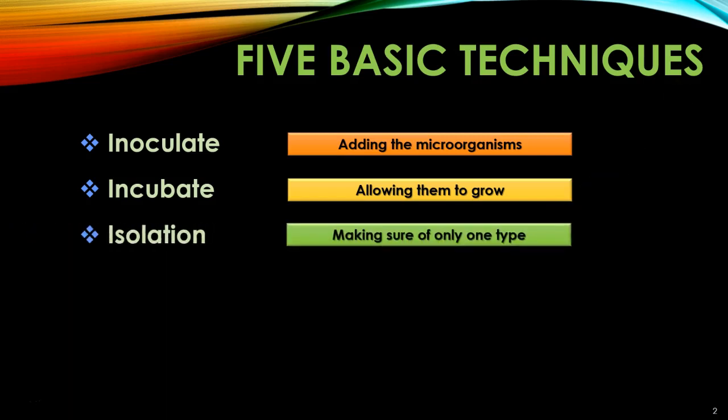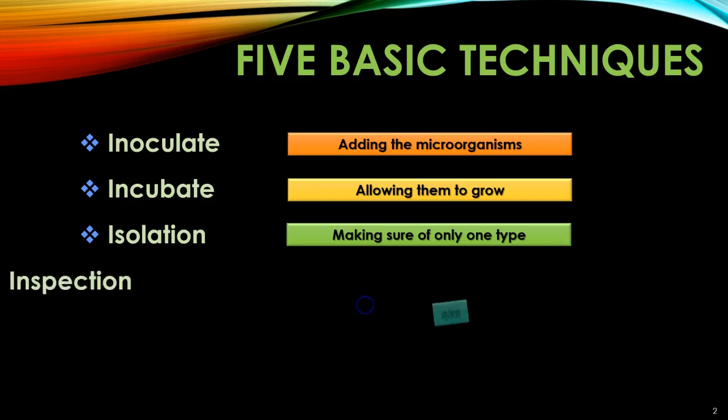So once we've got that done, depending on where our sample came from, we can have a bunch of different types of bacteria, and we may only want to look at one type. So we can pick that type off of the growth media and further separate it to make sure that we are working with one thing, because a lot of the techniques we're going to talk about work better if we have just one type.